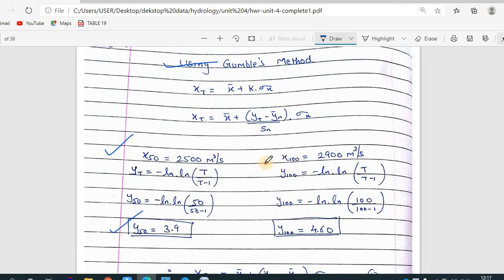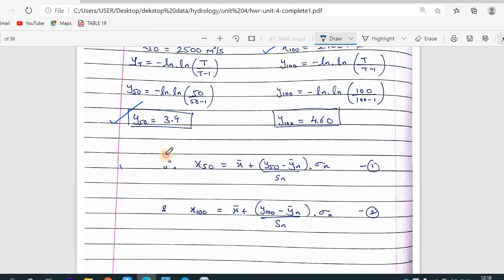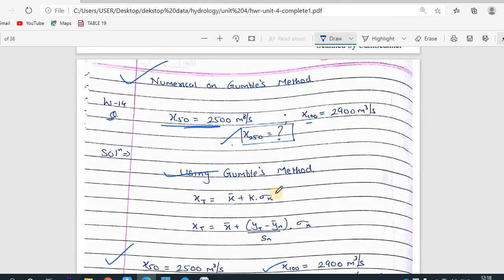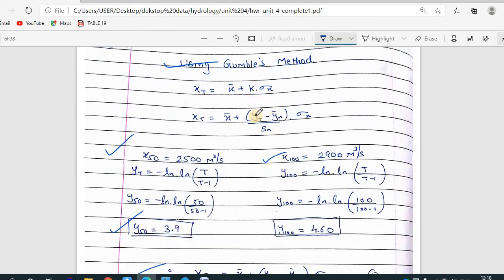Similarly, over here the recurrence period is 100 years. So from here we can also calculate the y100 value. Okay. Now x50 and x100 will use the same thing. In this we will use a recurrence period of 50, and in the second one we will use a recurrence period of 100.